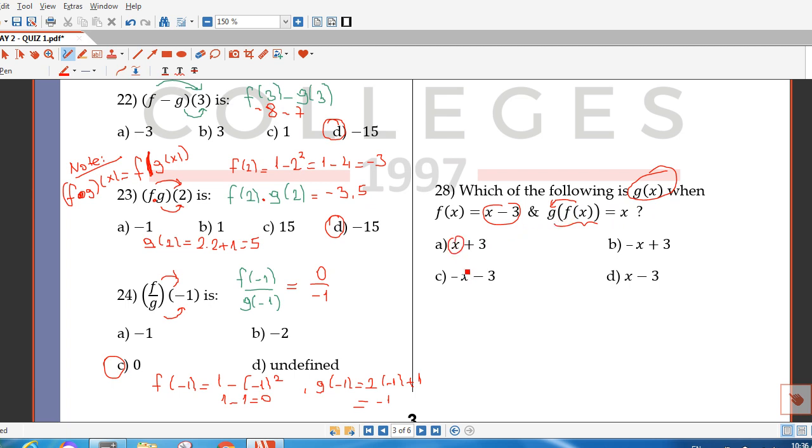In each choice, we are going to write f of x instead of x, and we are looking for which of the following is going to give us x. Write x minus 3, f of x, in the function g. So minus 3 plus 3 becomes 0. It gives us x. So the answer is going to be A. Question 28. Answer is A.